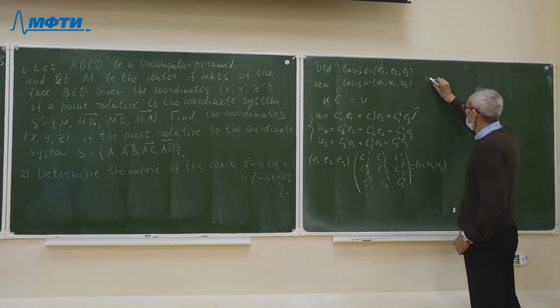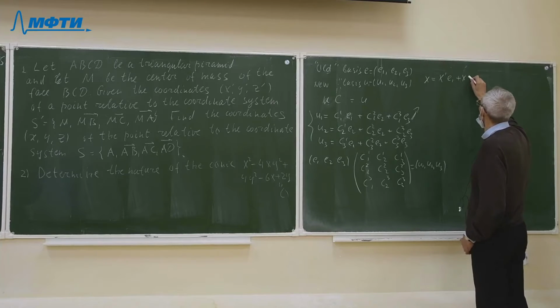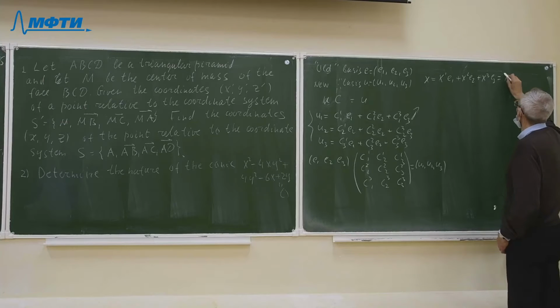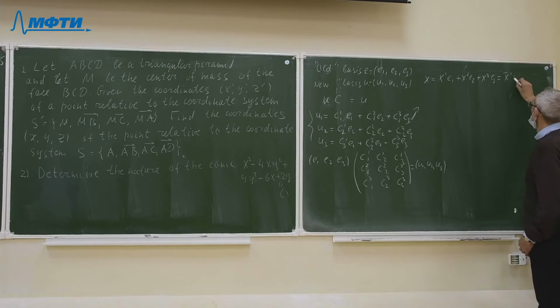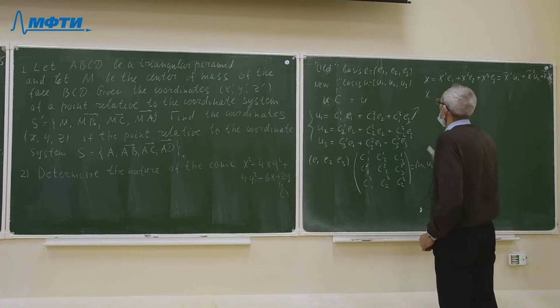If we have a vector x with coordinates x1, x2, x3 in the basis E1, E2, E3, and x tilde 1, x tilde 2, x tilde 3 in the basis U1, U2, U3, we have the following relation.